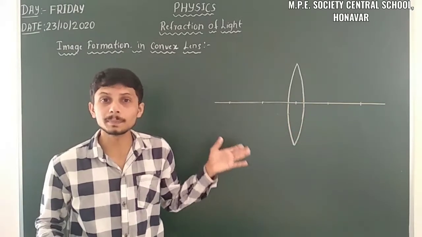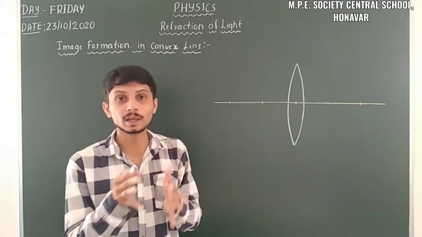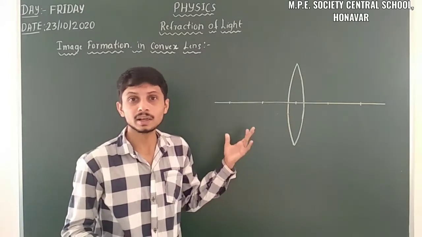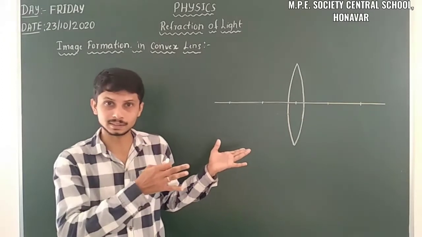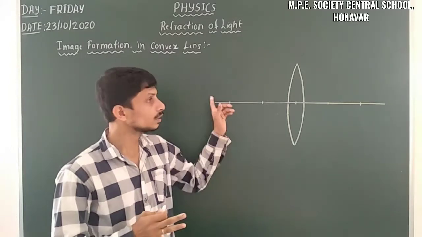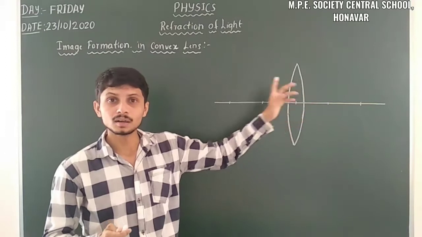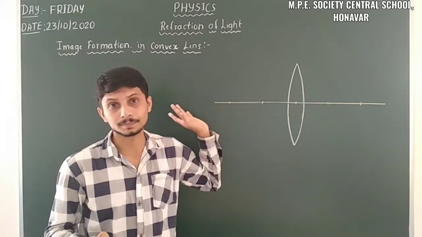So using the ray behaviors, there also we are using any two ray behaviors. Here also we are using any two ray behaviors. Commonly in mirrors, most probably one ray is parallel to the principal axis and another ray passes through the center of curvature.